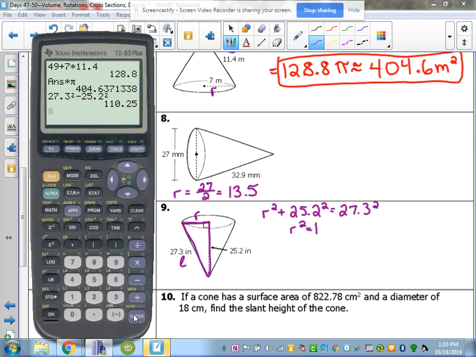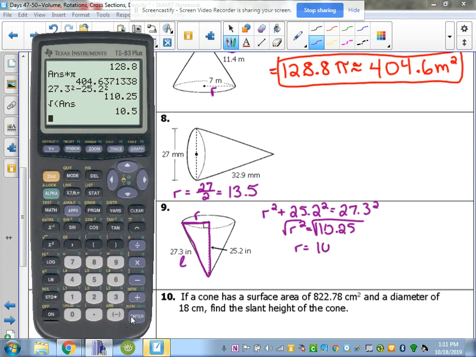R squared is 110.25. We need R, so we square root. 10.5 inches is our radius.